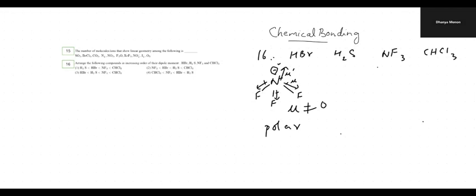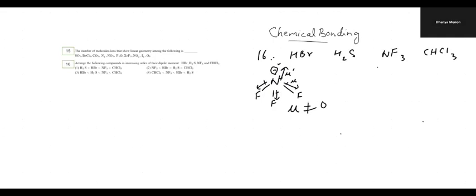Over here you can see nitrogen is highly electronegative, and fluorine is also highly electronegative, so the difference is very little. Nitrogen is around 3 and fluorine is 4, so the electronegativity difference is less.